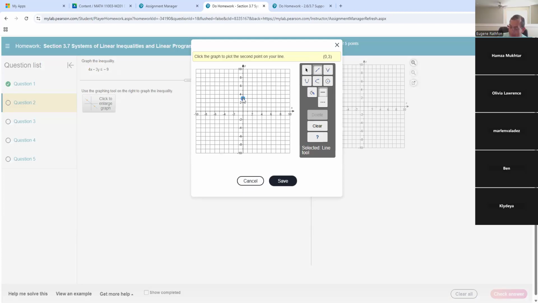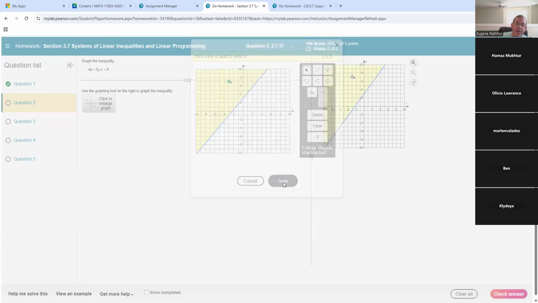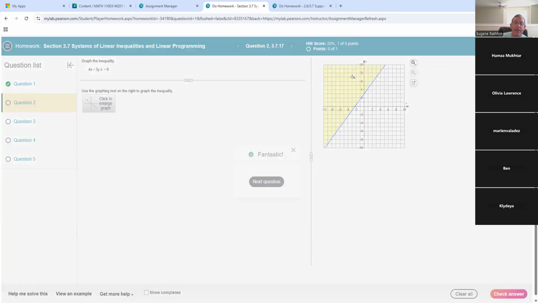And then I had 3, right 3, and up 7. So I got my 2 points. I got a solid line. It was greater than or equal. So I'm going to grab the region shading tool and drag it above the line and click. All right, so once you've done that, you're going to save it and then check your answer.